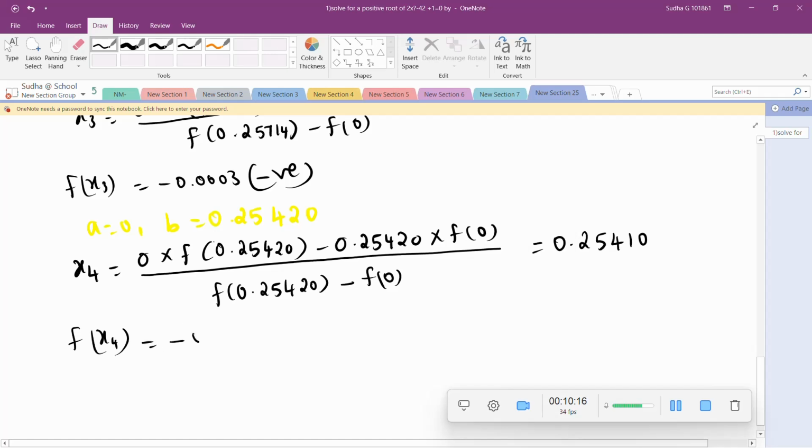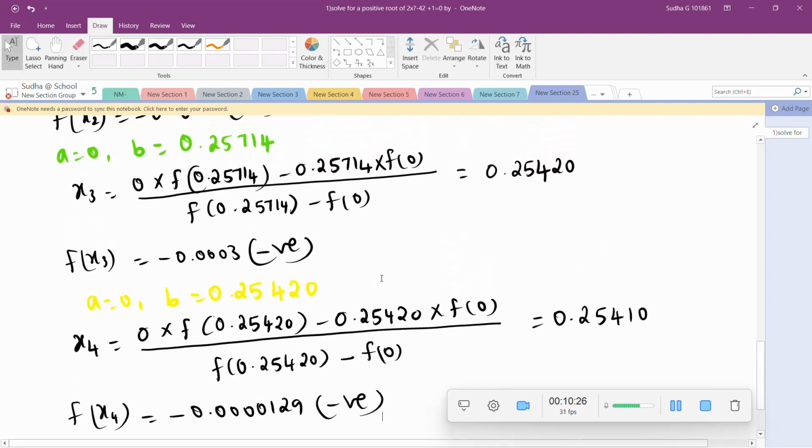So this again we are getting 0.40129. This again negative. So till now x3 and x4 exact three decimals are repeated, 0.254. So we'll do again one more iteration.